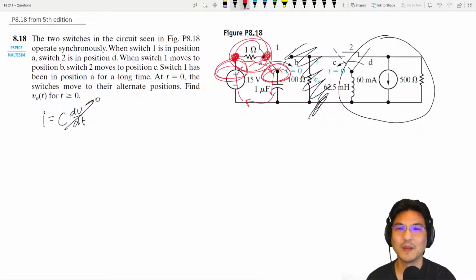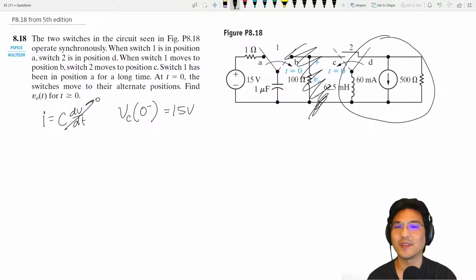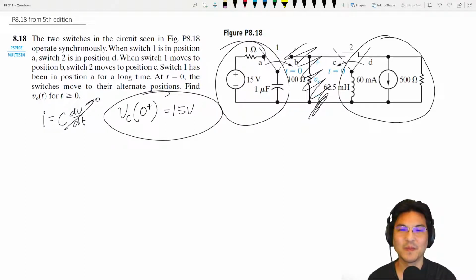So in other words, the voltage across the capacitor before, when the switch is still in position A, is 15 volts. And then the voltage for a capacitor cannot change instantaneously. So if it's 15 volts before we hit the switch, it's going to be 15 volts after we hit the switch. So that's what we got from over here.